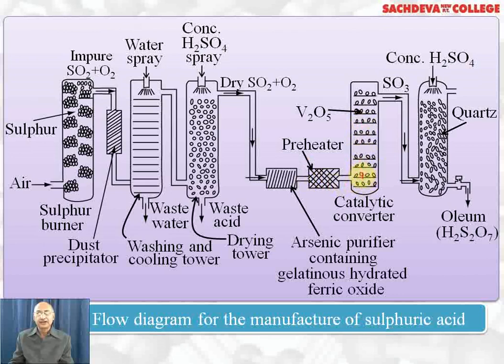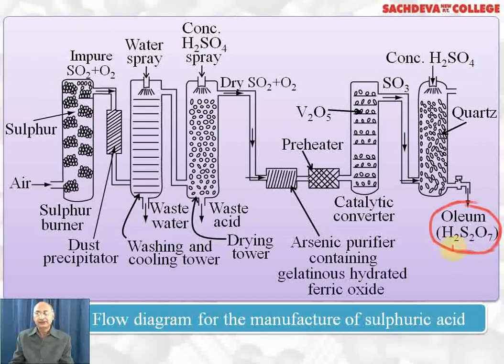So here sulfur dioxide reacts with oxygen to form sulfur trioxide, which passes through these pipes and reaches this chamber where concentrated sulfuric acid is being added from the top, and here we have quartz crystals. So sulfur trioxide comes in contact with concentrated sulfuric acid, results in the formation of oleum, H2S2O7, which is also called fuming sulfuric acid.